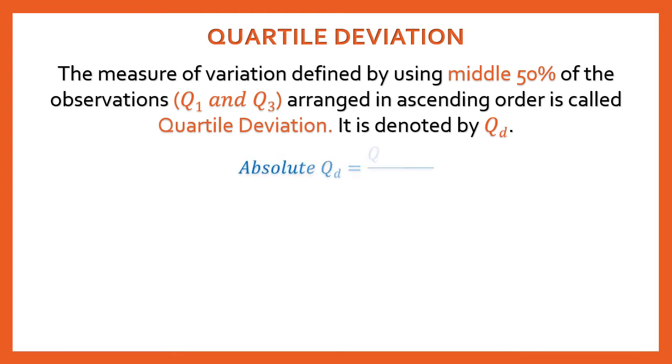Now the absolute QD, that is the basic measure, is the average here: Q3 minus Q1 divided by 2. So it is a special average where we find the difference of the first and the third quartiles and we divide that difference by 2.